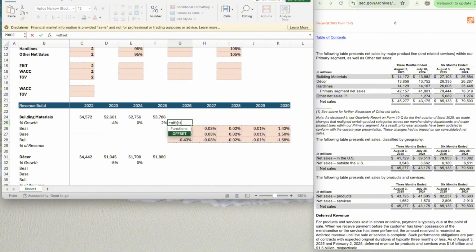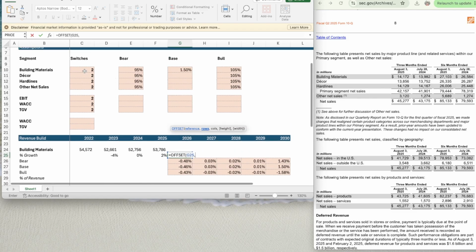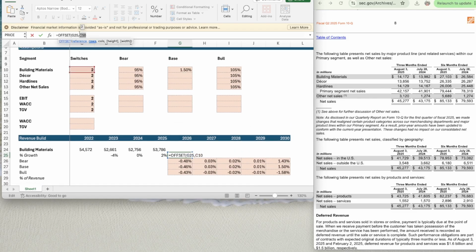So that's what we're going to initially build on, then we can flick it around. So you go equal offset, the cell that you're in, G25, then comma, C10, lock the C10 in, then go comma 0. So can you all see that?